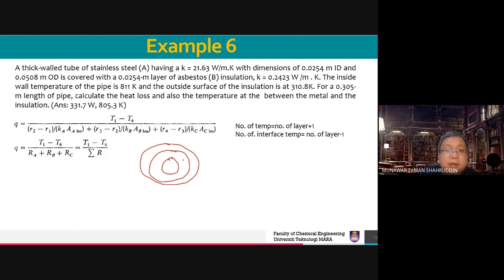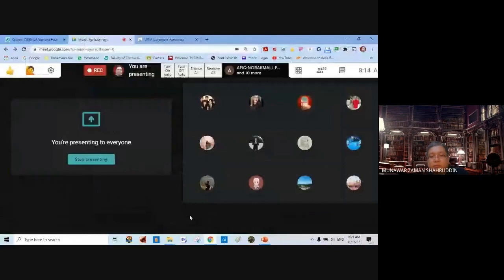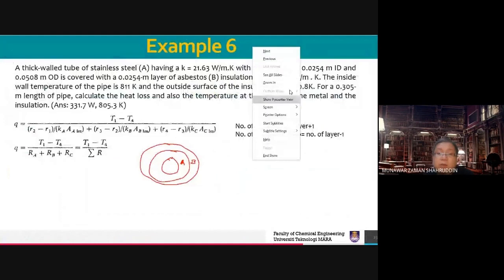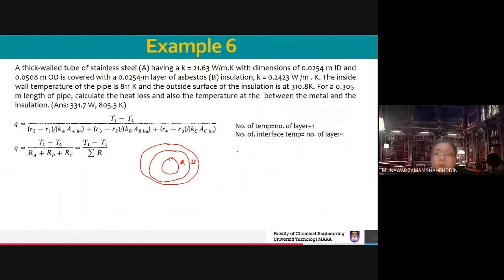You have A and B. So when you have two layers, sebelum ni I have explained to you the number of layer plus one for number of temperature, and the number of layer minus one for number of interface, kan? So of course you will have three temperature.